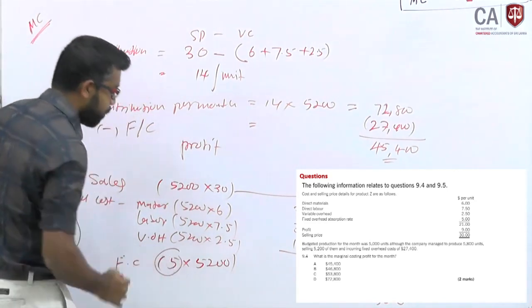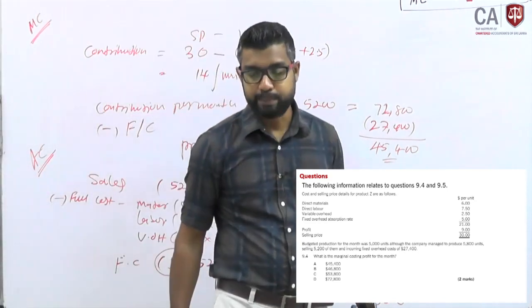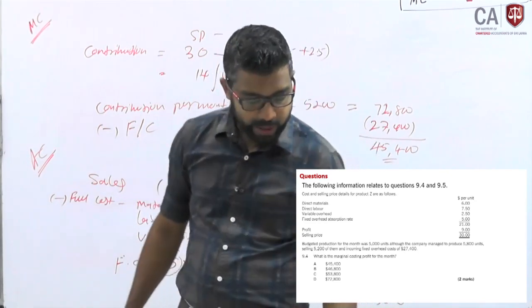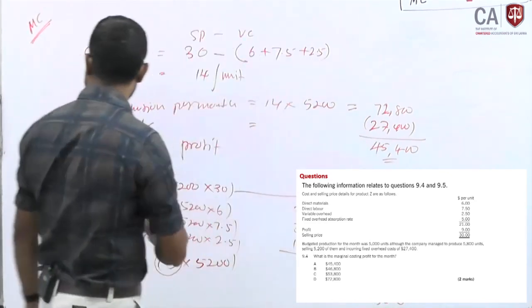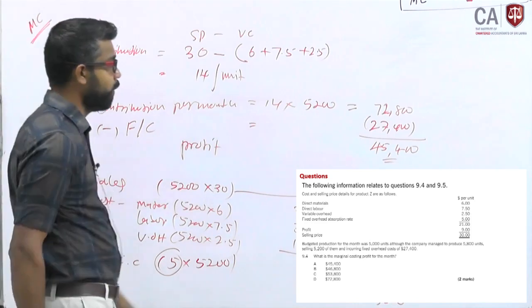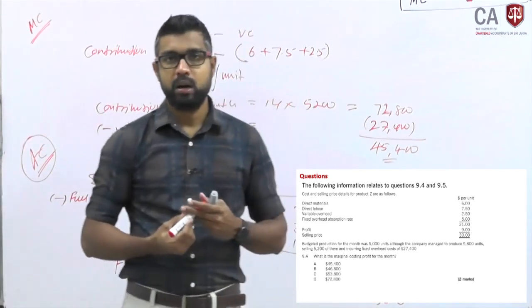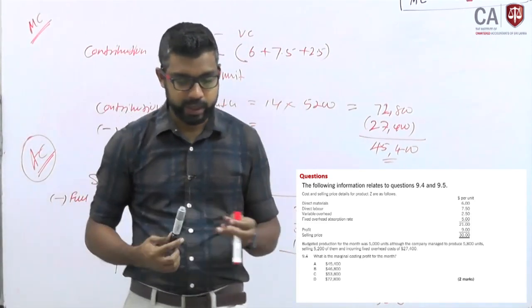This is absorbed cost, absorption. According to the absorption costing method, you have to see whether you have absorbed an over amount or less than that. How do you calculate it?